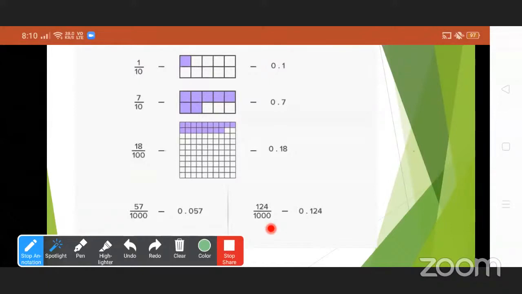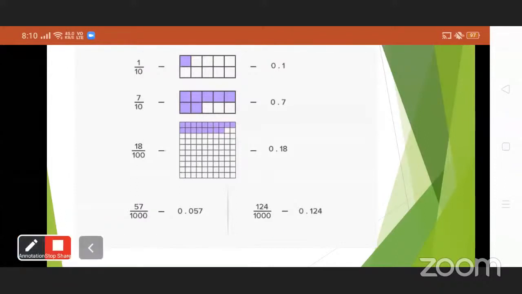Very good. So here the denominator is what? 10 or multiples of 10. So we learn in the last chapter a fraction whose denominator is 10, 100 or 1000 or any 10 times multiple of 10 is called a decimal fraction.